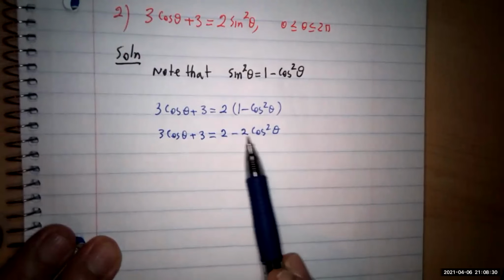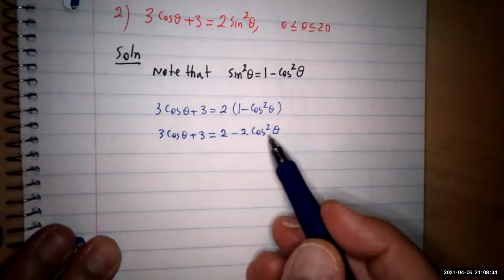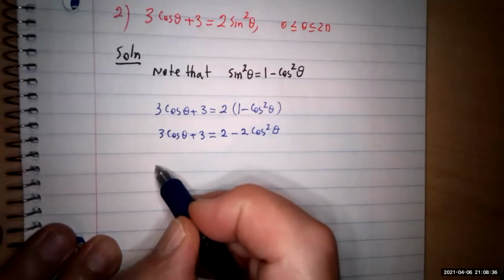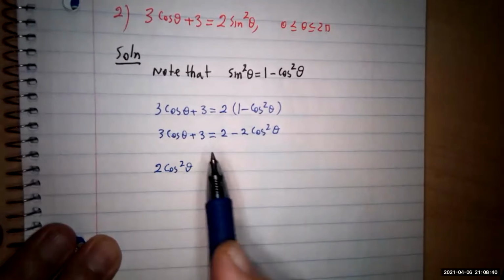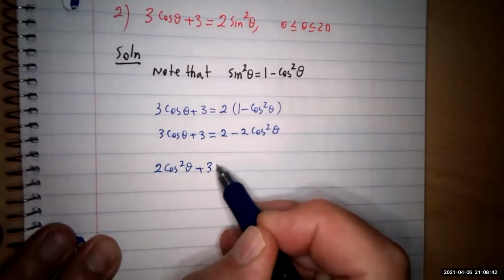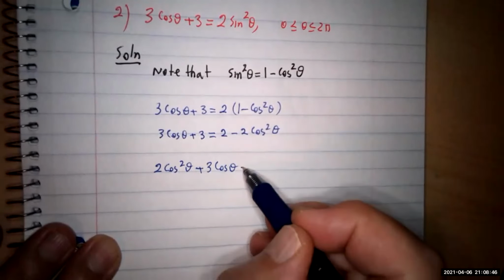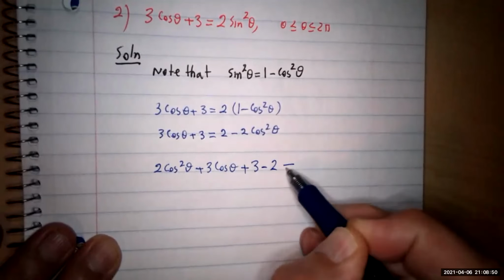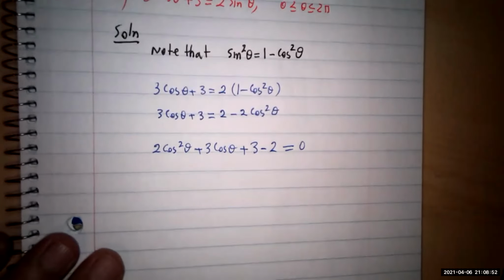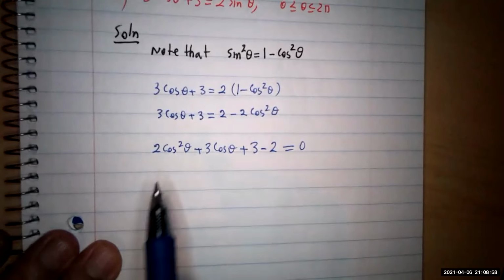So I'm going to move this one, add and subtract. I start with this one, so I bring it here. That gives me 2 cosine squared of theta, then I have 3 cosine of theta, and I have a 3 here. And I move the 2, so that gives me minus 2 equal to 0. Any question? Nicely move everything to one side and simplify if possible.